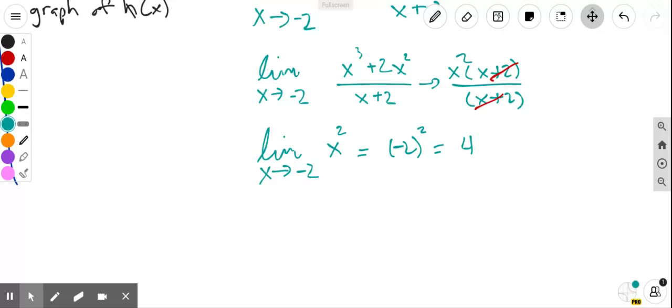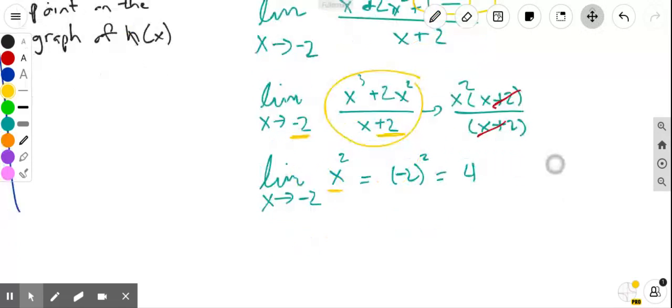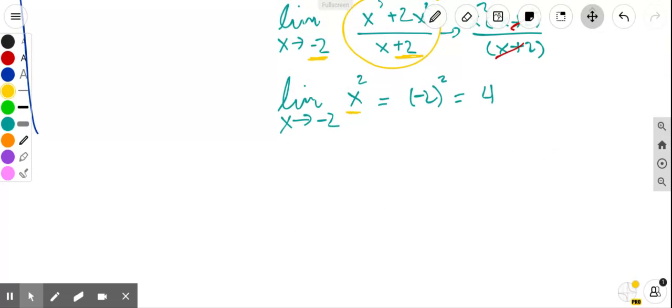But it only works for this particular point, because we only got this by canceling at this stage, and that depended on using negative 2, because that's what allowed us to get rid of the 1 over here. It's a very specific operation where you can't generalize it for other points on the graph. So there's your trade-off.